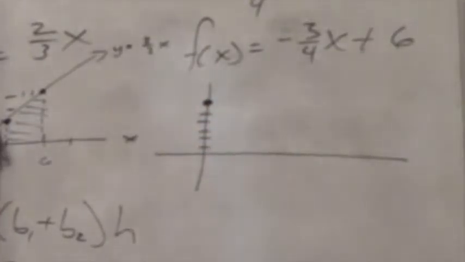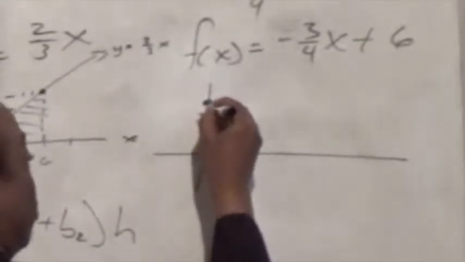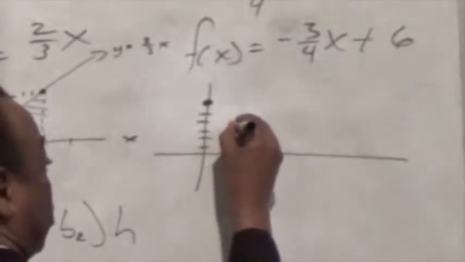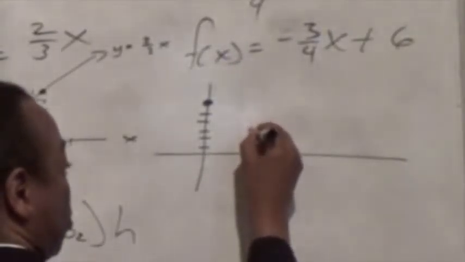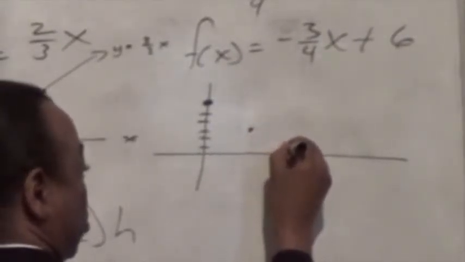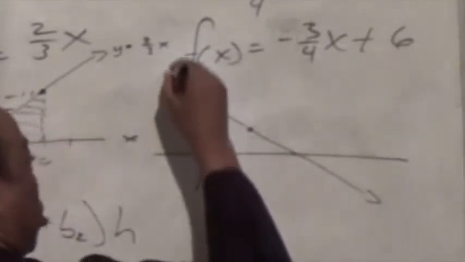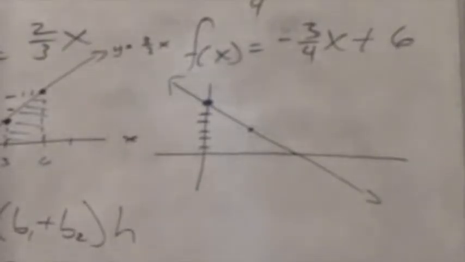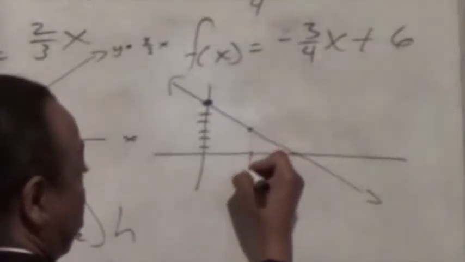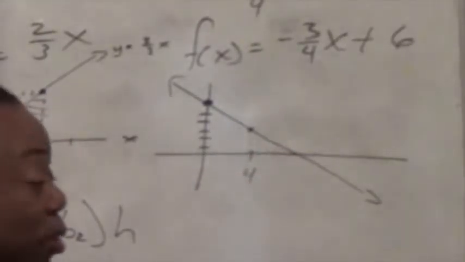My slope is negative 3/4, so I'm going to go down 3 and over 4. That's my graph. Now I want the area between 4 and 8, so let's go out to 4, and then we'll go out to 8.